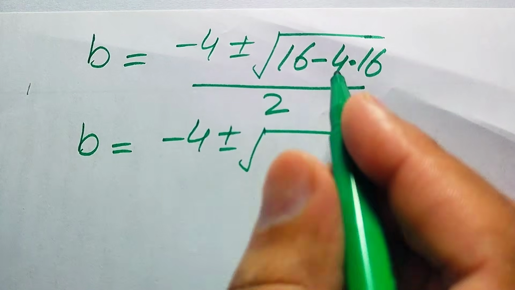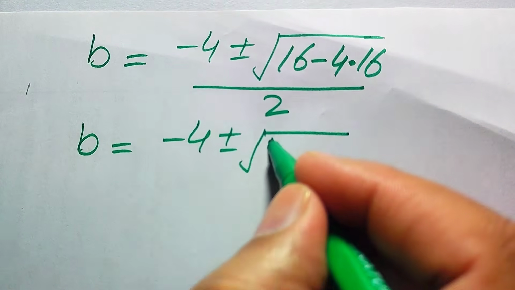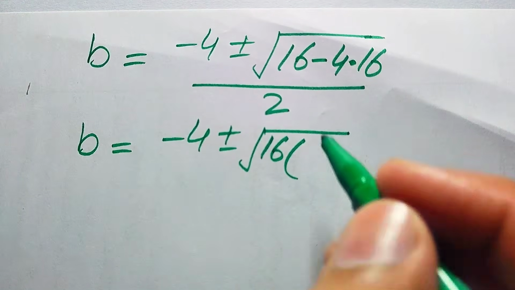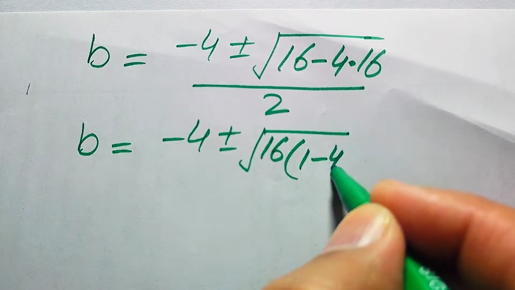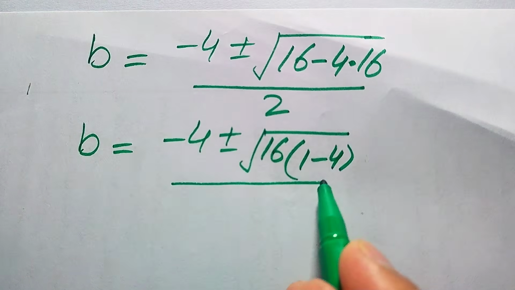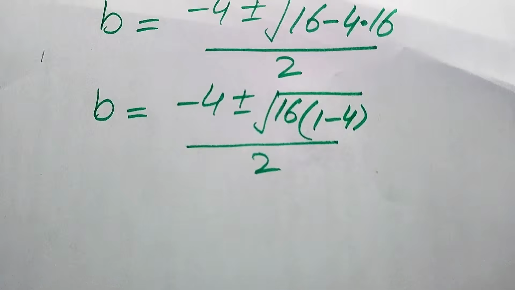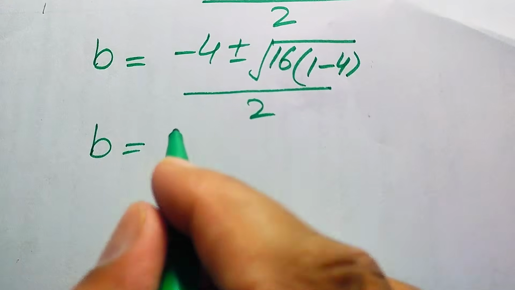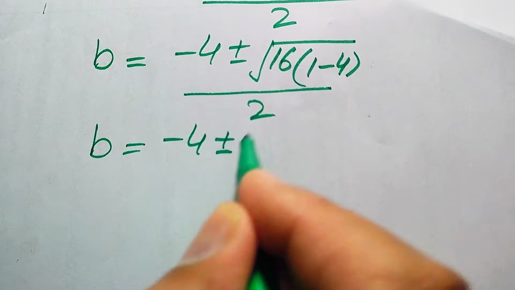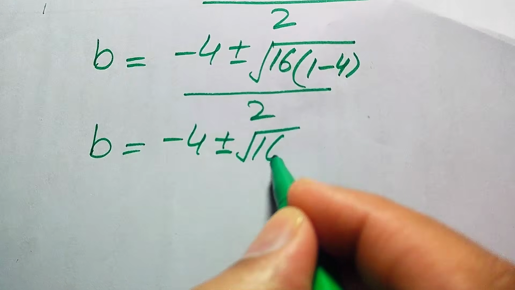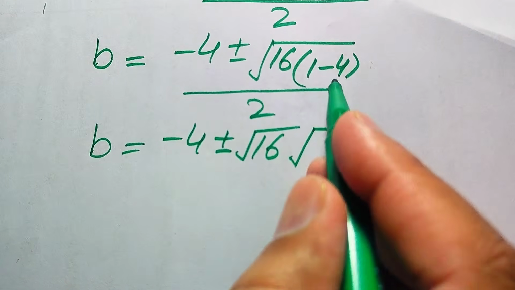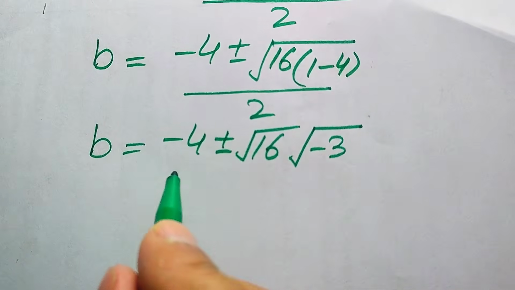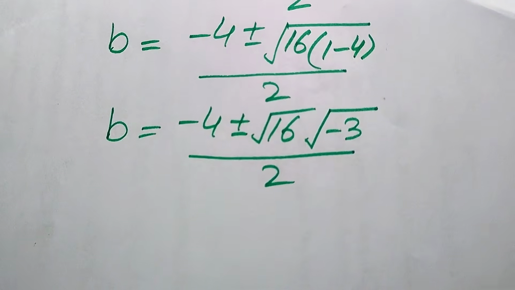Here you see that inside the square root sign we have 16 as the common value. So when you take 16 common, the remaining values are 1 minus 4, and it is divided by 2. So here first we break the square root sign, and we apply the square root separately on both of these two values. In this way, 1 minus 4 becomes minus 3, and it is divided by 2.